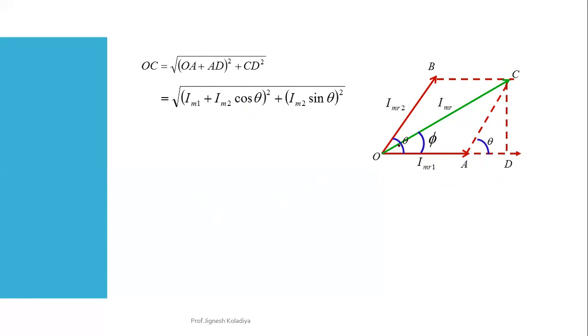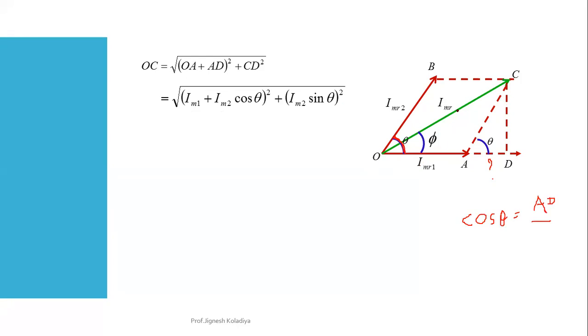Now tell me one thing, the angle in between IMR1 and IMR2 is theta, and we have drawn this AC line parallel to OB. So can I say this is also theta? Now I have to find AD. So in this case, if I apply cos theta, nearest side AD divided by hypotenuse.